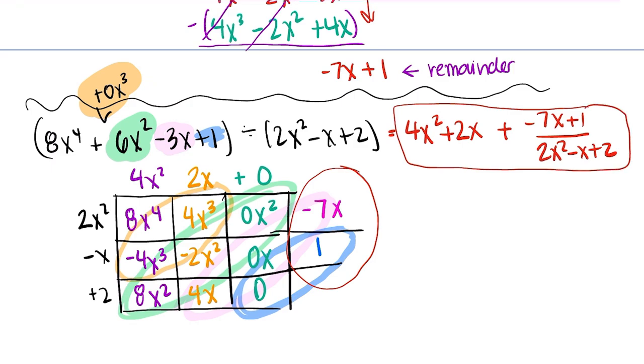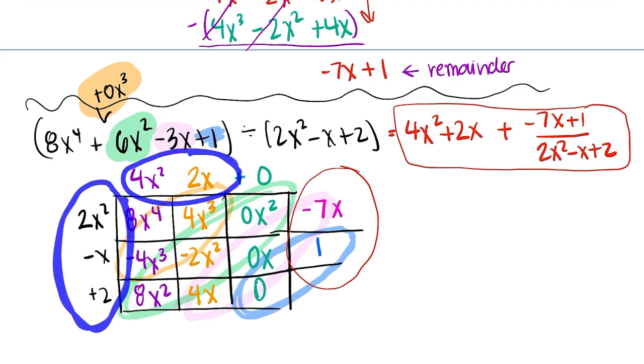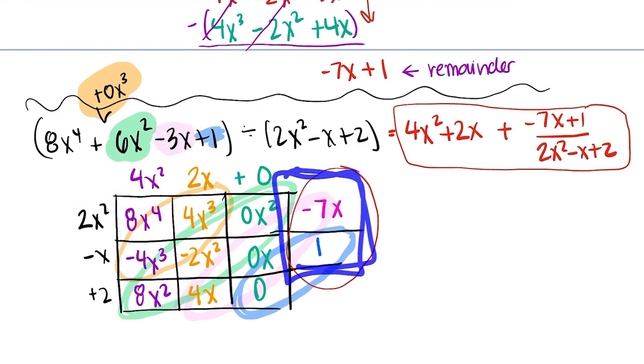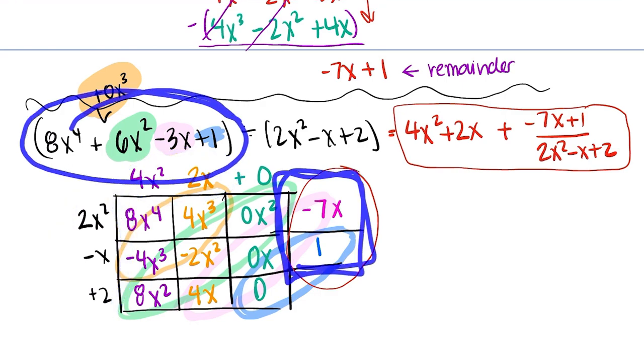Or I feel like it's almost easier to see what the multiplication was from this form right here. If I write this in the multiplication version, it would be 4x squared plus 2x times 2x squared minus x plus 2, plus this leftover negative 7x plus 1, equals whatever we have on the inside.